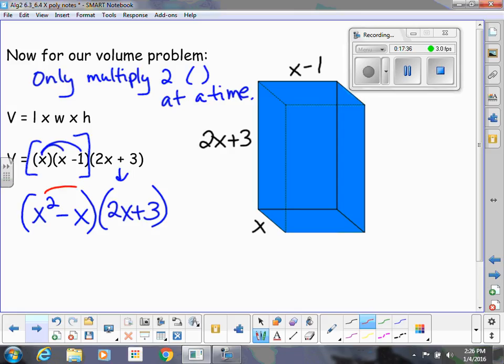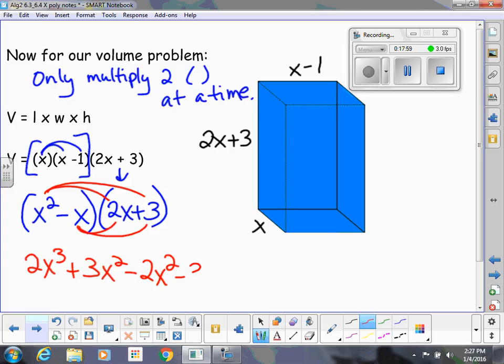I'm going to have x squared times both of those, and negative x times both of those. So x squared times 2x is 2x cubed, and then plus 3x squared. Now down here, negative x times 2x is negative 2x squared, and then negative x times 3 is negative 3x.